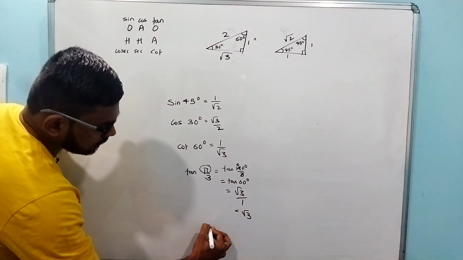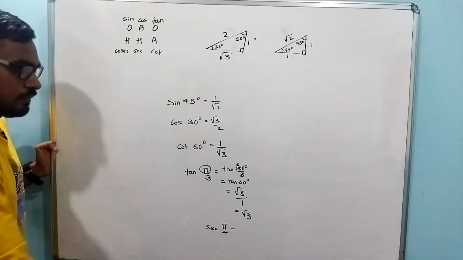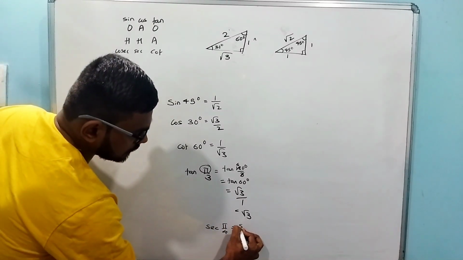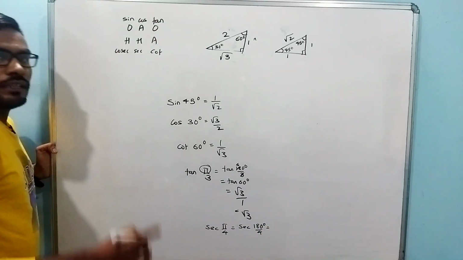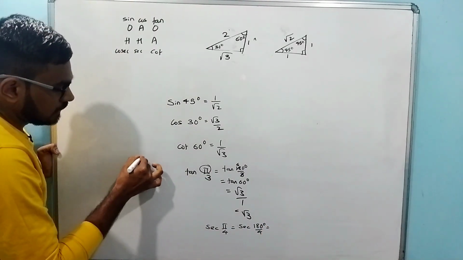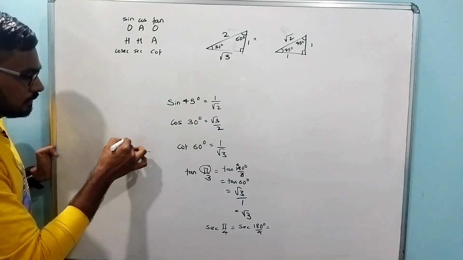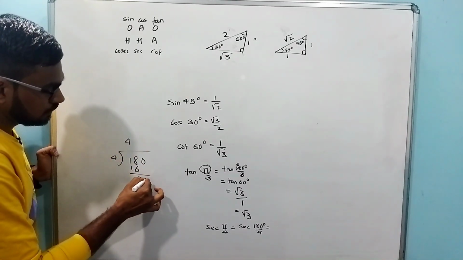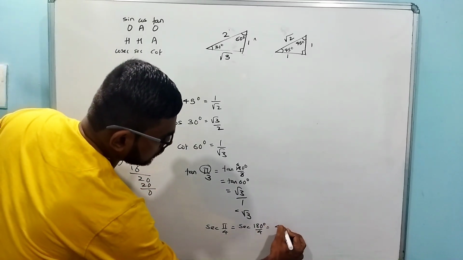Similarly, sec of pi by 4. Now pi by 4 is 180 degree upon 4. In the last class we saw this, or you can divide and check, and you can remember it also. See, 4 4 is 16, 2 0, 4 5 is 20, so 45 degree.